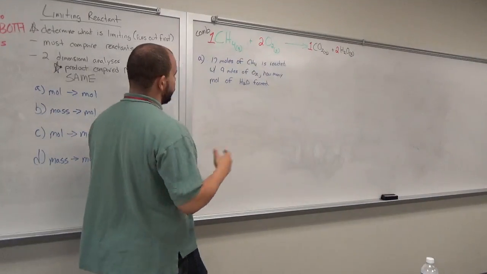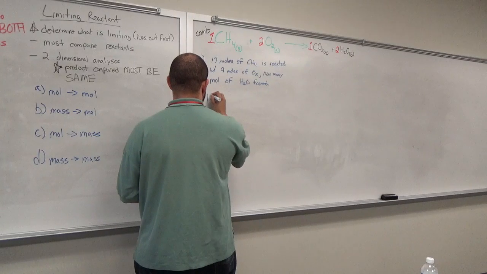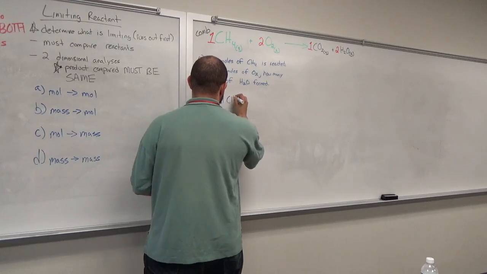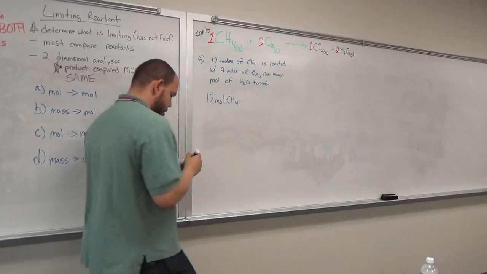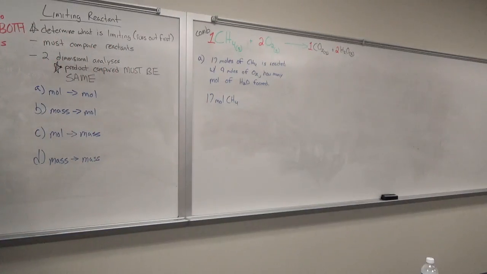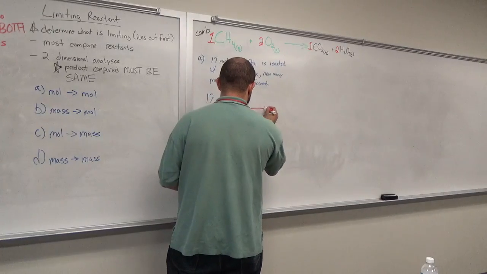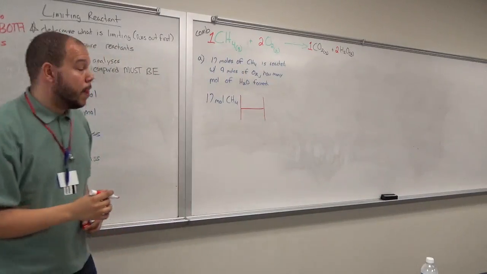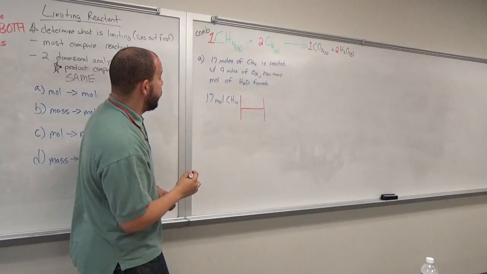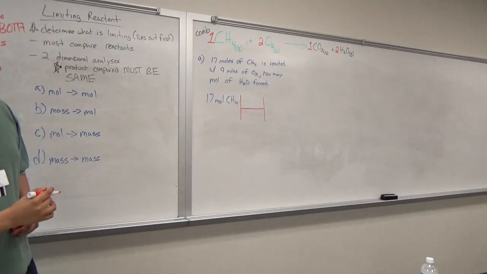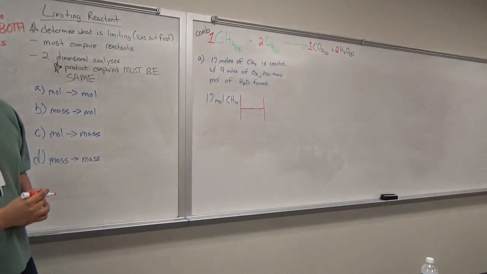Let's start with the first one that they give us, 17 moles of CH4. We are looking for moles of H2O formed. So what does our dimensional analysis conversion factor look like here? Which one are we going to use? Mole to mole. And what would those numbers be? The bottom is 1 mole of CH4, has to be the same unit.